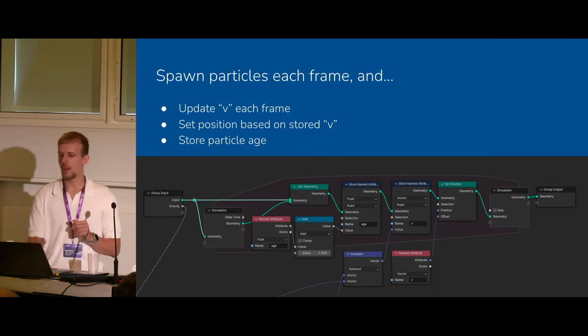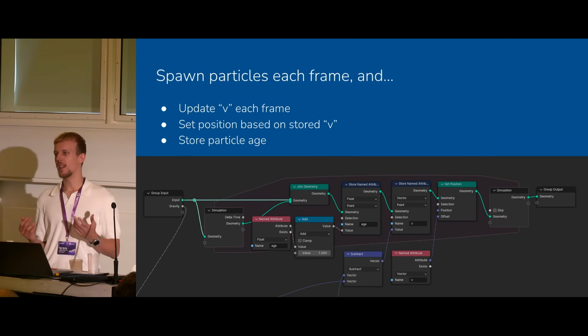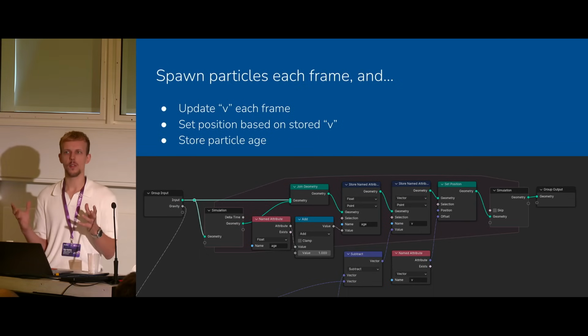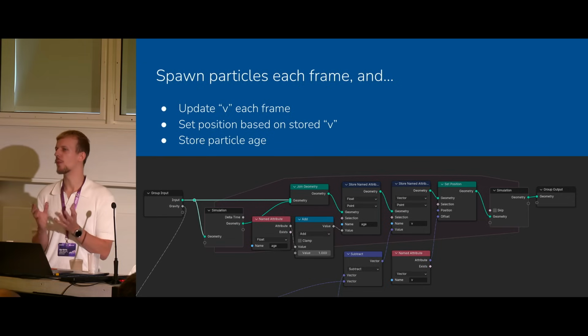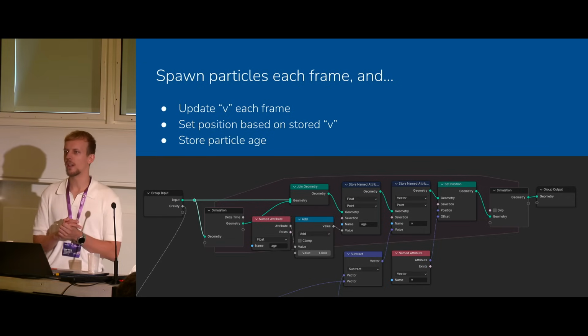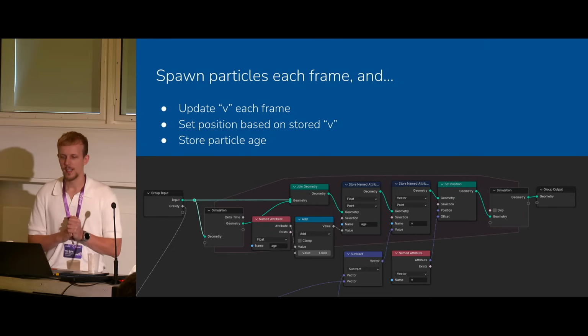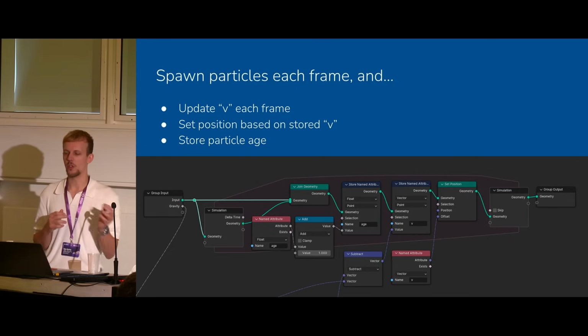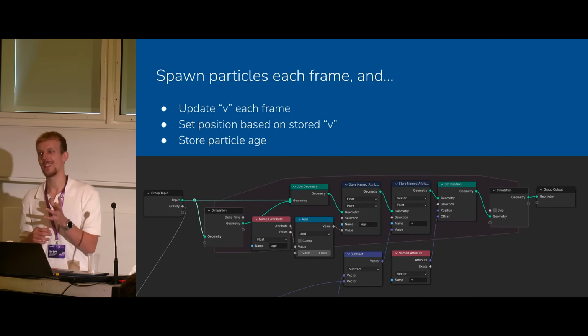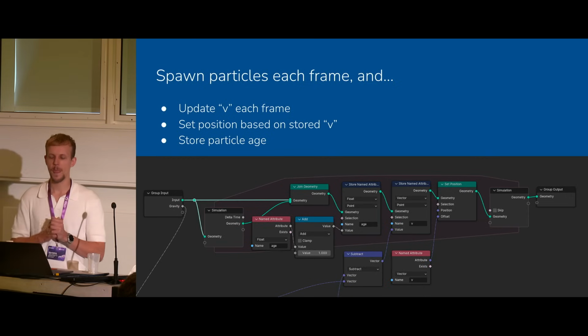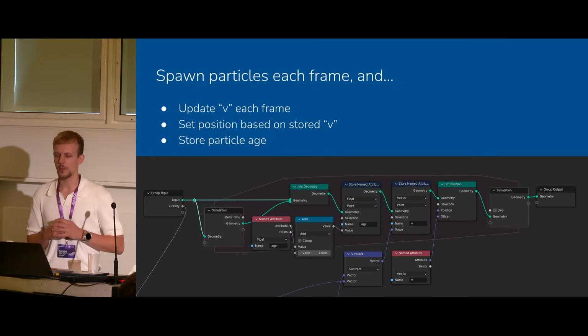And then we just spawn particles each frame, right? I think some of you may have gone to the live tutorial on Wednesday where they went over the particles, the class for particles. So that's really what we do here as well. We spawn particles every frame and we join new particles with a new, randomized seed every frame as well. So every frame we get new particles.